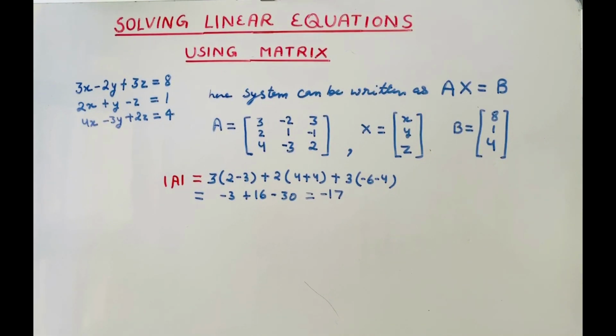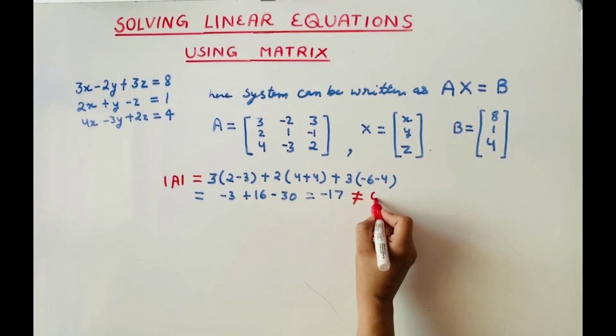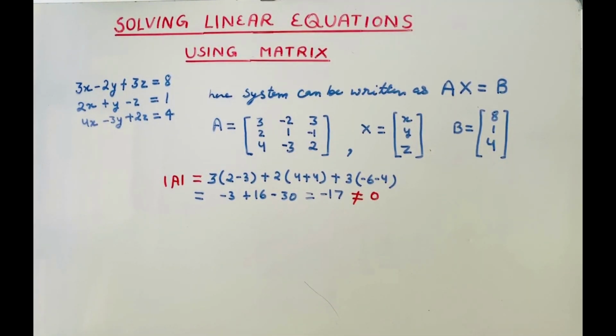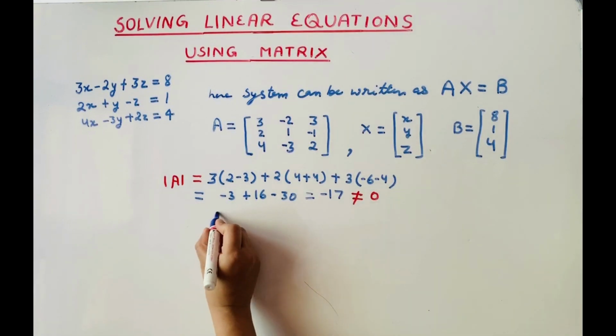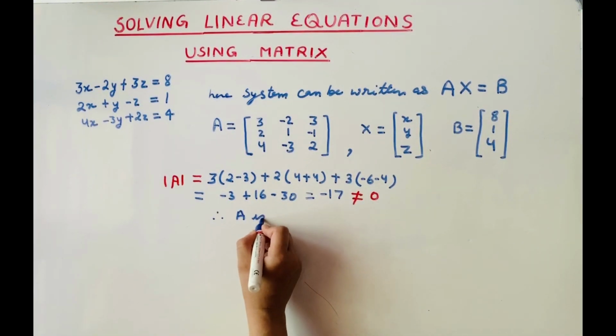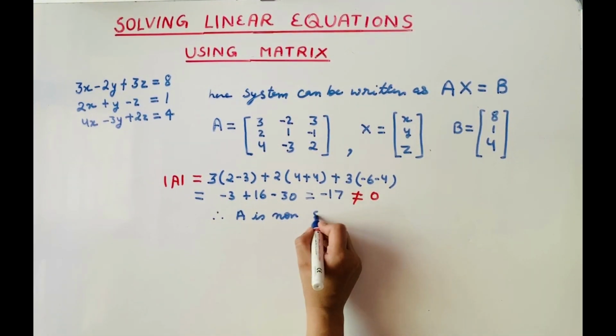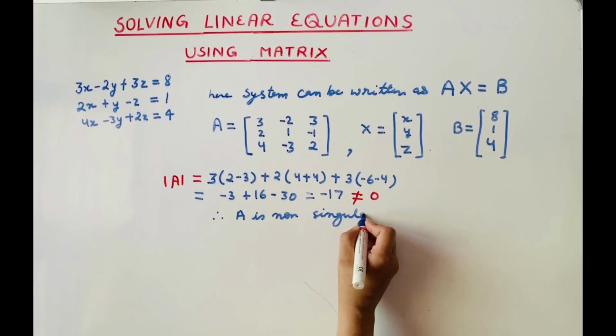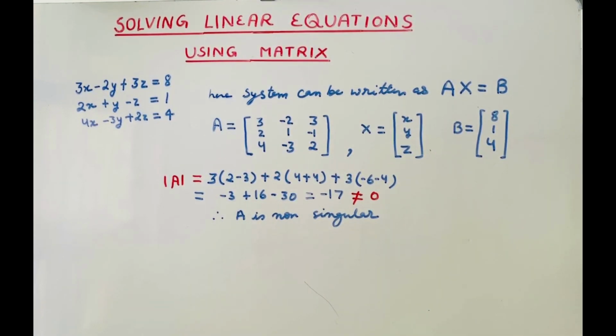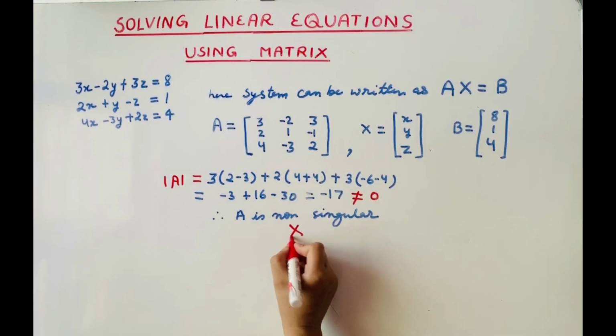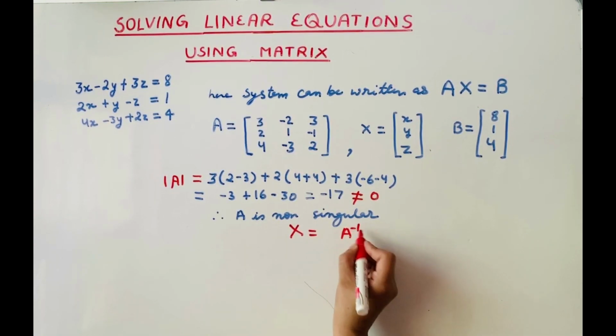Now you know that minus 17 is not equal to 0. That means the solution will be a unique solution. Therefore A is non-singular. So if A is non-singular, then you can write x = A inverse B.